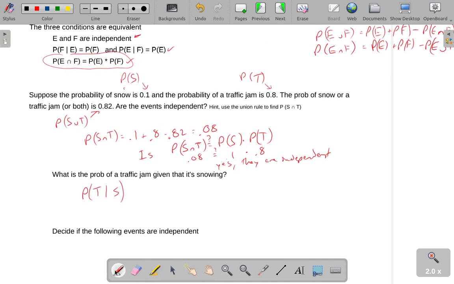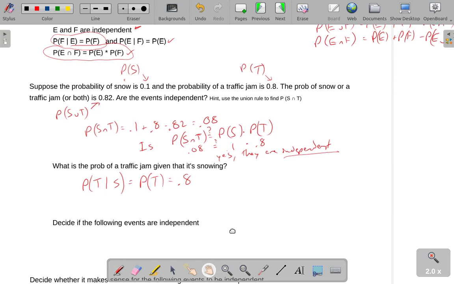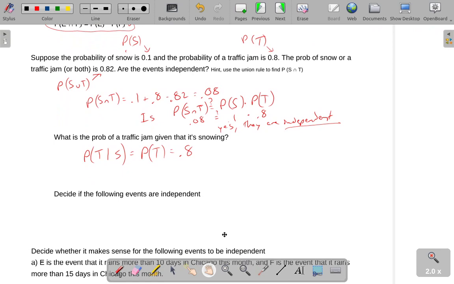Well, we just concluded that these two events are independent, which means that we can use this line: the probability of F given E is just the probability of F. So the probability of T given S is just the probability of T. If these things are independent, that means knowing that it's snowing doesn't change the probability that there's going to be a traffic jam. We were given the probability of there being a traffic jam as 0.8 right up above. So there's really not much to do there. The probability of T given S is 0.8.